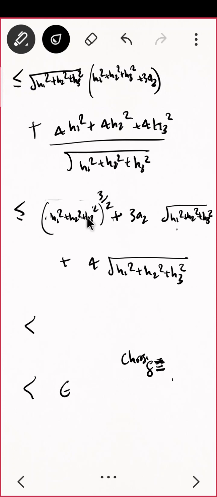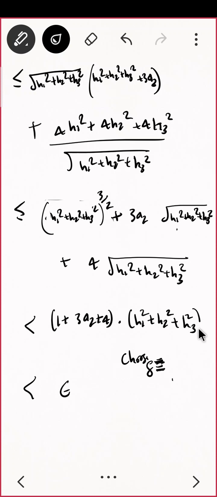So at this place I can write the same guy, and at this place also I can write the same guy. So I will have 1 plus 3/2 plus 4, multiplied by h1 plus h2 plus h3, sorry, square square square, raised to 3/2.